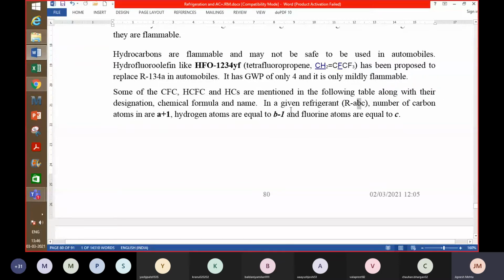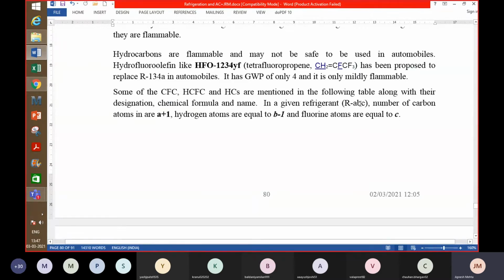A gives the number of carbon atoms: the first digit, which is 0 many times. So if you add 1 to that, it shows the number of carbon atoms, right? If there are only 2 digits, it means that it is some kind of methane compound, right? So A plus 1 is the number of carbon atoms.